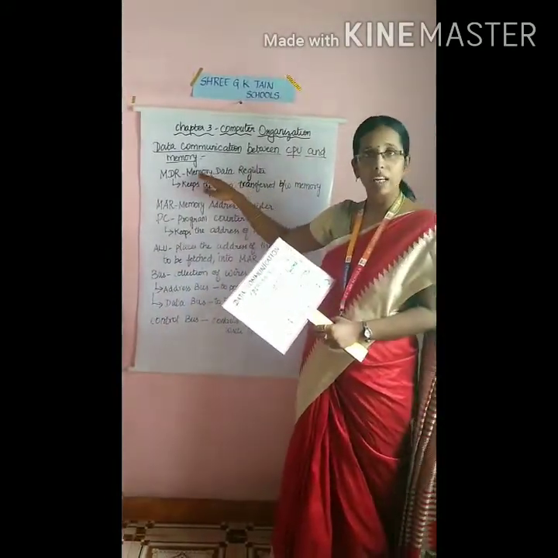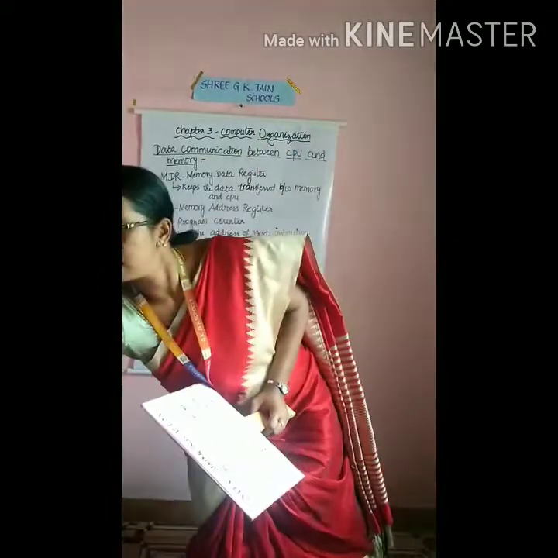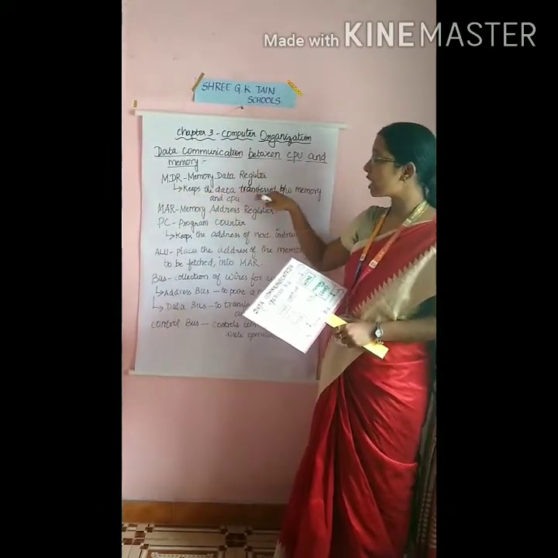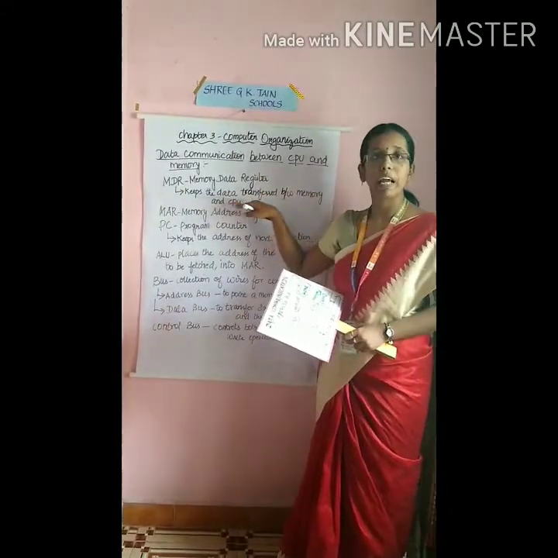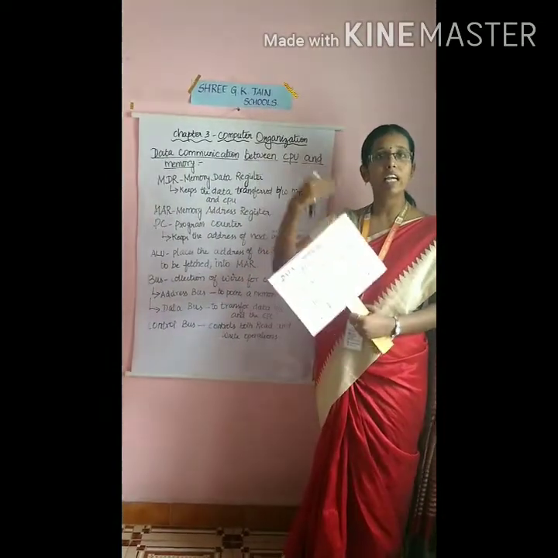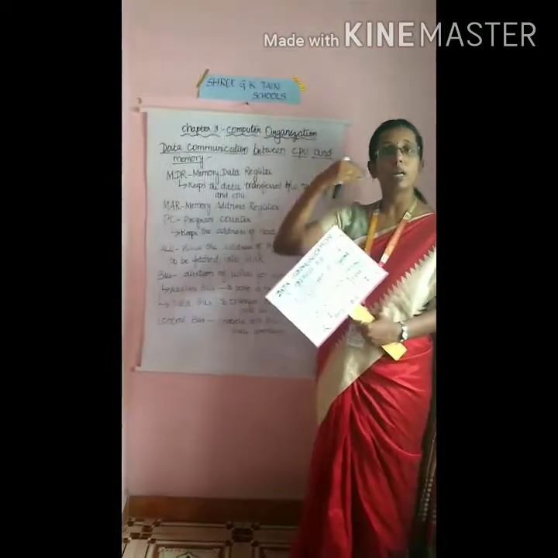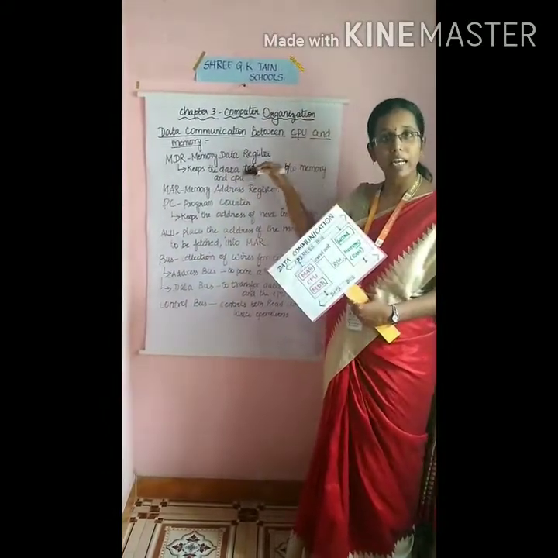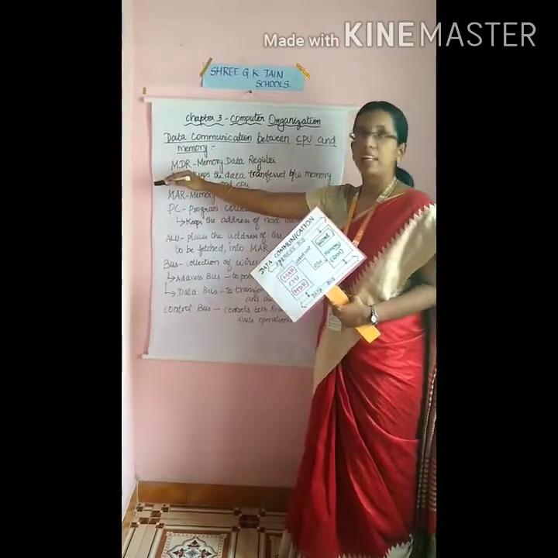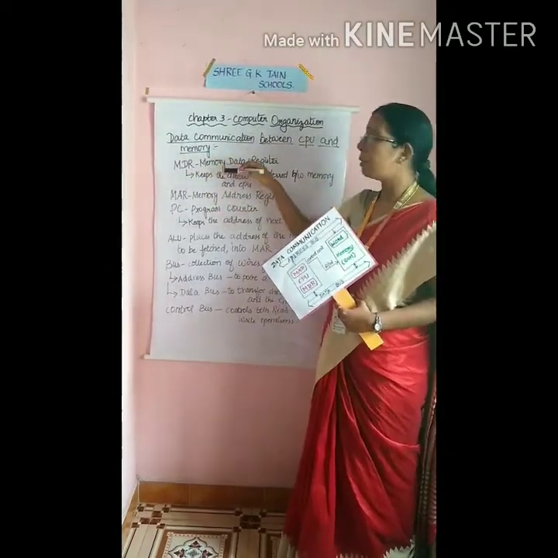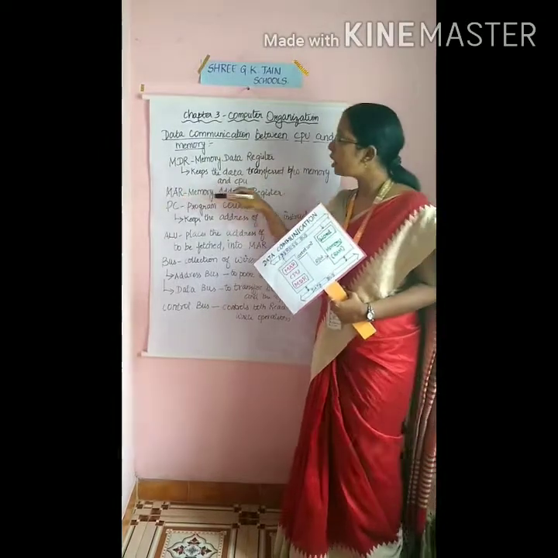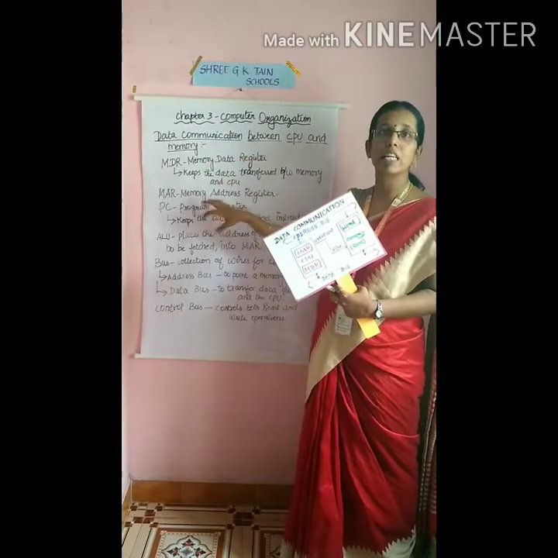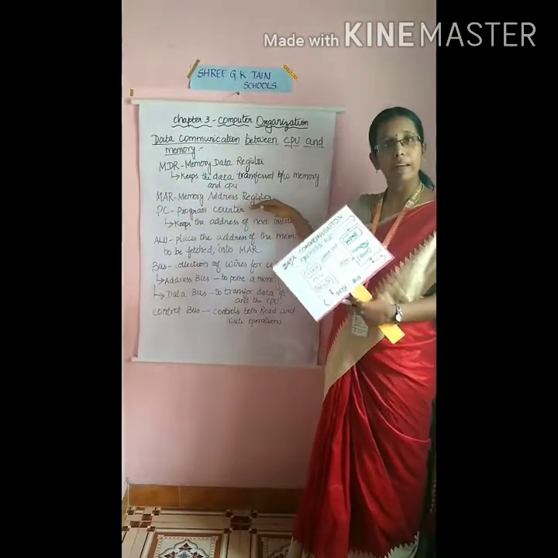By the word data, you can easily note that the MDR keeps the data transferred between your memory and the CPU. Whatever data is transferred between memory and CPU, or from CPU to memory, is tracked and saved in the memory data register. And the address is kept track of by the memory address register.